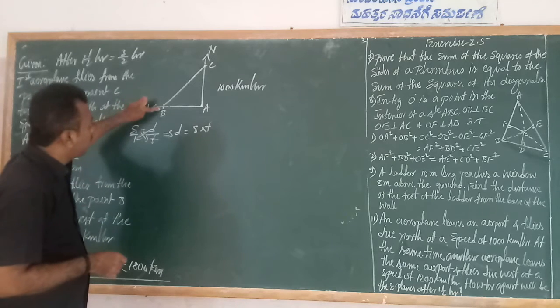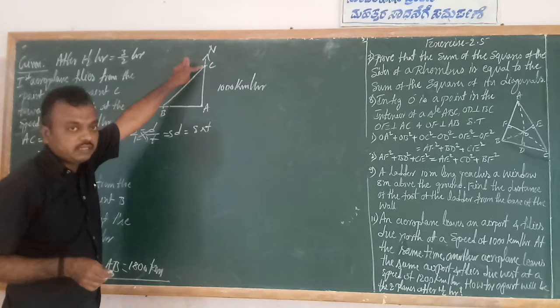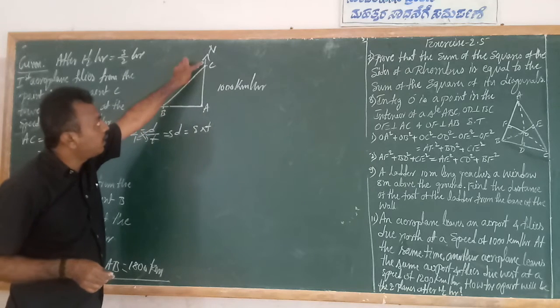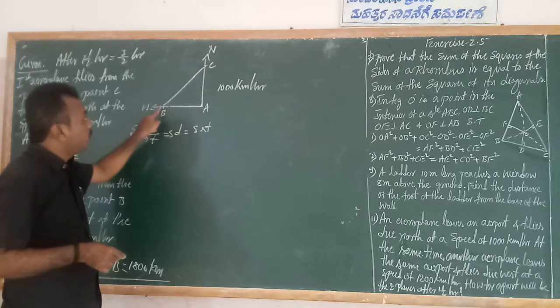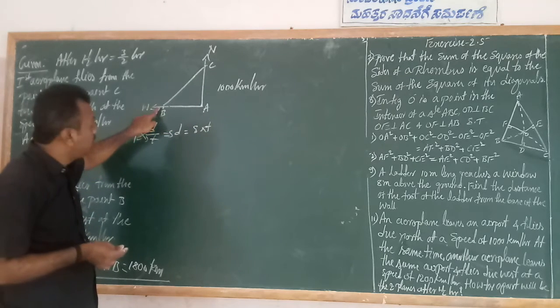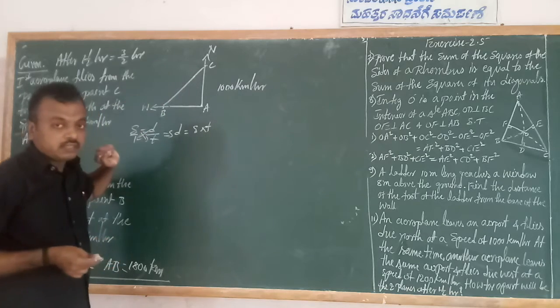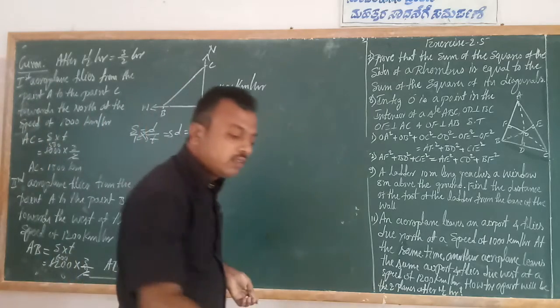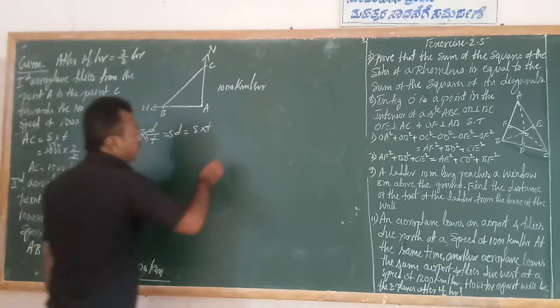Now we want to calculate the distance from the point B to the point C. The first aeroplane lands at point C after 1.5 hours, and the second aeroplane after 1.5 hours is at point B. So what will be the distance between these two points? That's why I am using the Pythagoras theorem, correct?